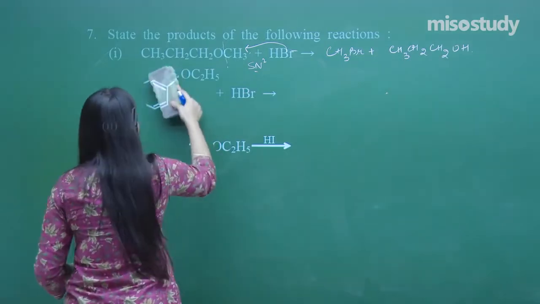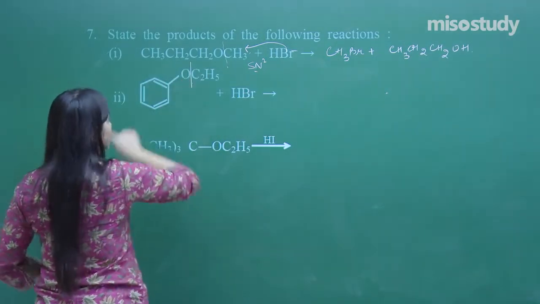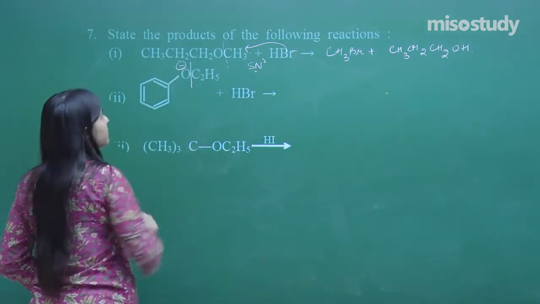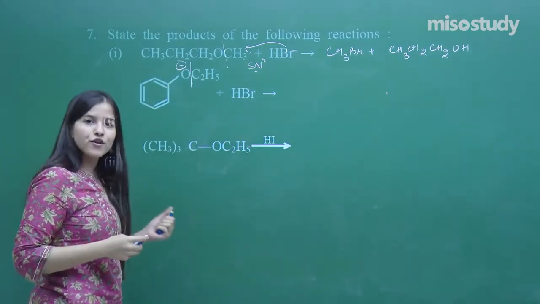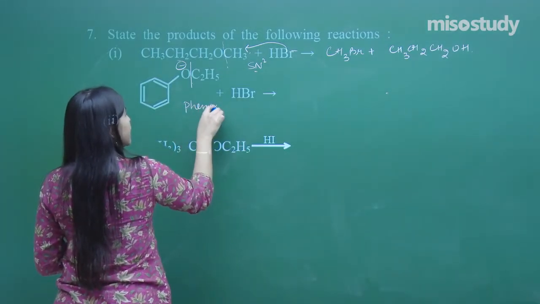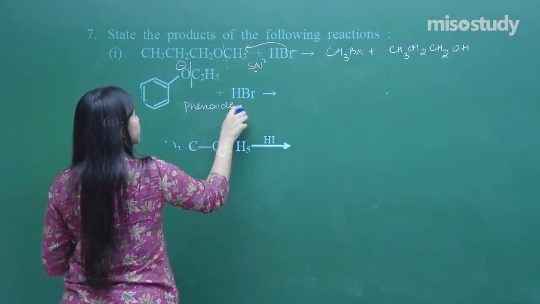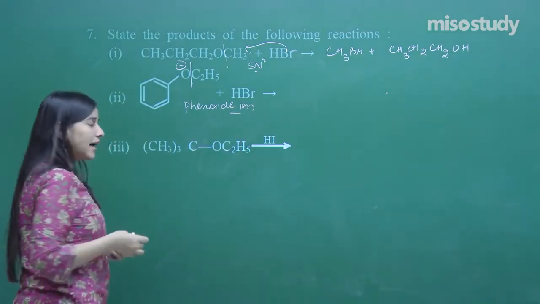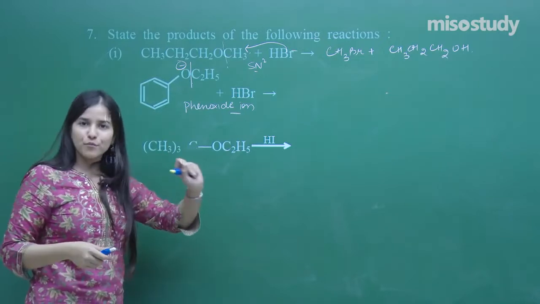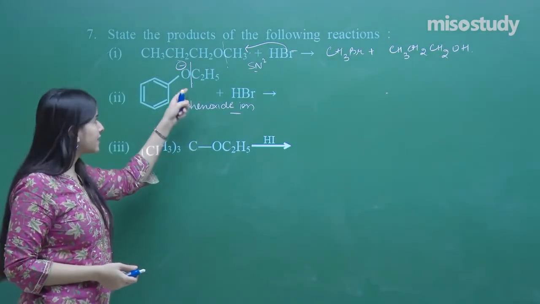If I try to break this bond, what will happen now? A very stable ion will be formed, phenoxide ion. So phenoxide ion is formed, yes. And now this is not a carbocation that is formed, basically it is an anion.